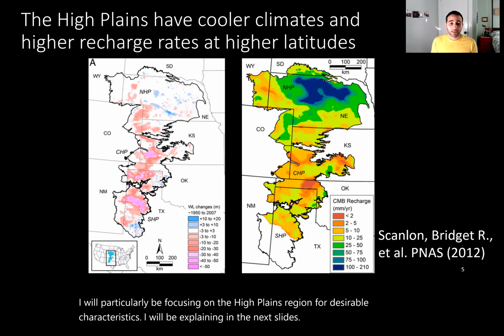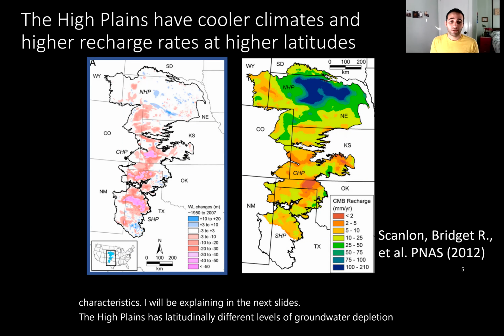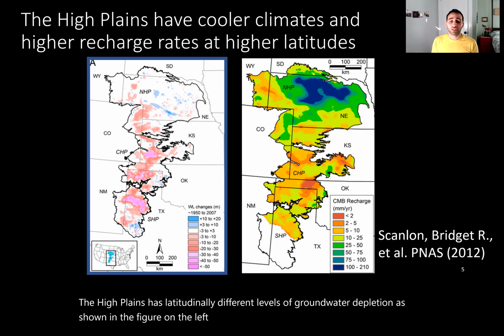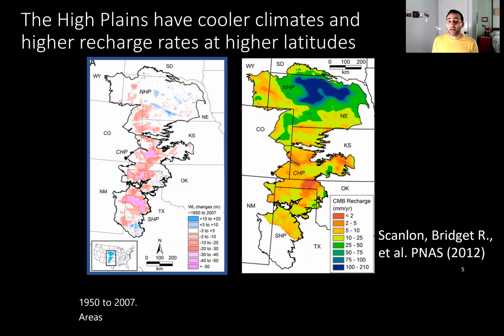The High Plains has latitudinally different levels of groundwater depletion, as shown in the figure on the left. This figure shows changes in water levels from 1950 to 2007. Areas with pink coloring have higher water level changes, indicating high depletion rates.